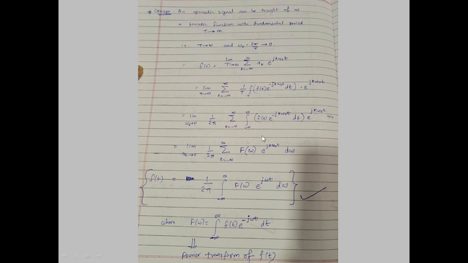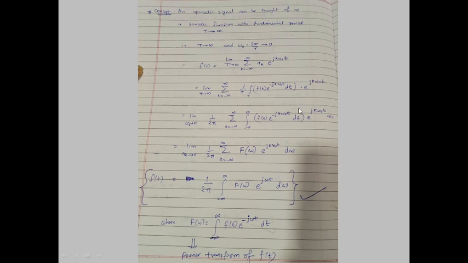Since omega naught tends to 0, this can be thought of as d omega, that is a differential omega, and k omega naught takes all the values of frequencies from minus infinity to infinity.